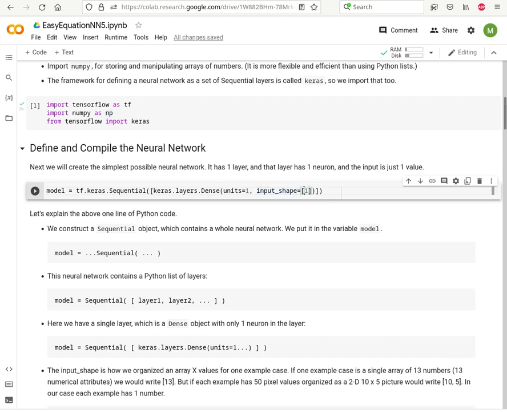And the input shape, if you remember before, we had our features coming in with the weights. The input shape here is the shape of those features, which is going to be an array with only one element. So it's just a single linear equation of y equals 2x plus 1. So the input value is going to be just that value of x.